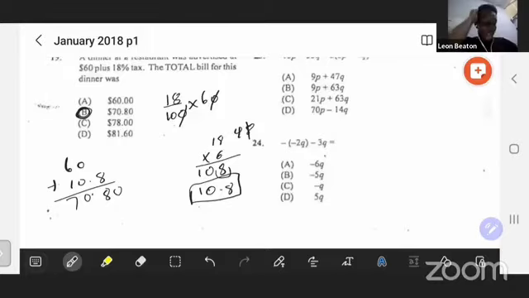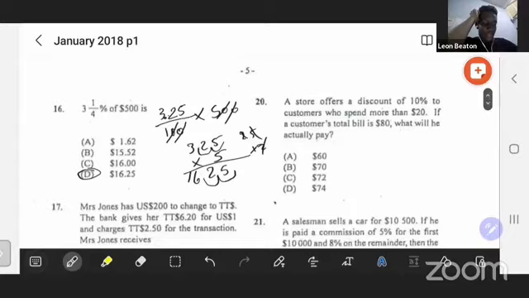All right. A store offers a discount of $10 to customers who spend more than $20. If a customer's bill is $80, what will he actually pay? So you can see that he spent more than $20 here. So this customer will receive the discount. I don't know which store this is, but I would like to go to this store and shop.